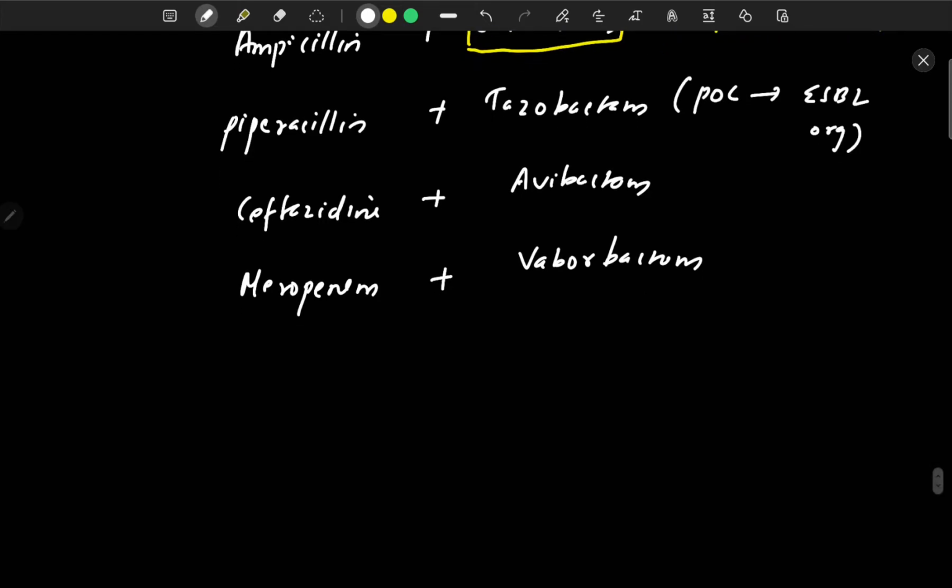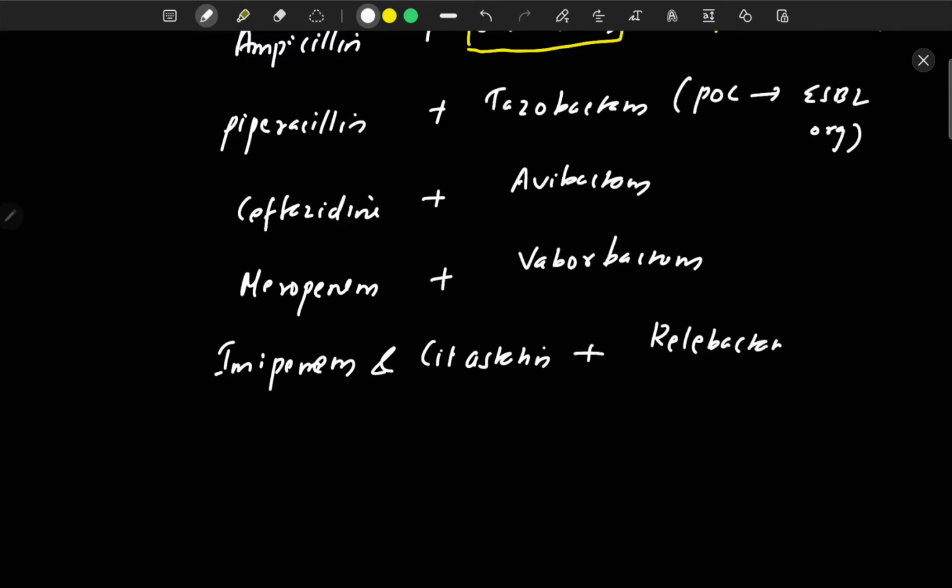Then we can combine imipenem and cilastatin with relebactam. So these are the combinations.